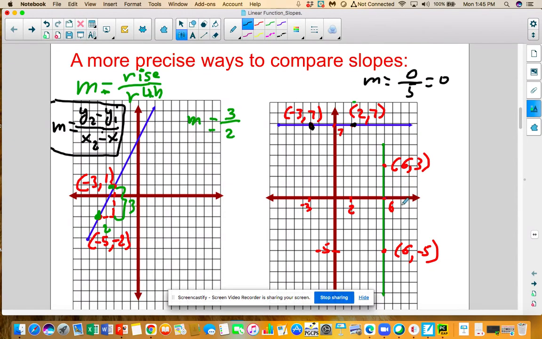So here is a vertical line, right? We say the slope of a vertical line is undefined. Why? Okay, let's consider this situation. If I were to move from this point right here to this point right here, how much am I changing vertically? So if you count 1, 2, 3, 4, 5, 6, 7, 8, so that's 8. Now, how much am I changing horizontally?